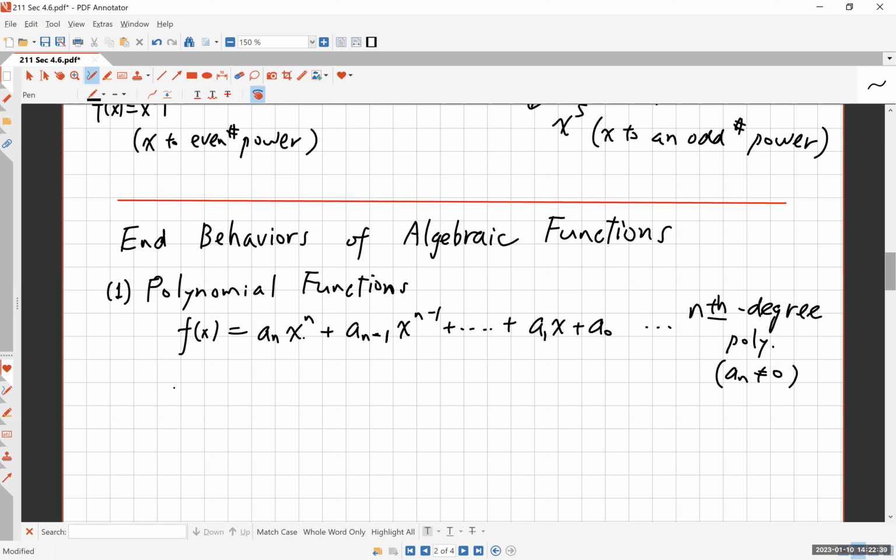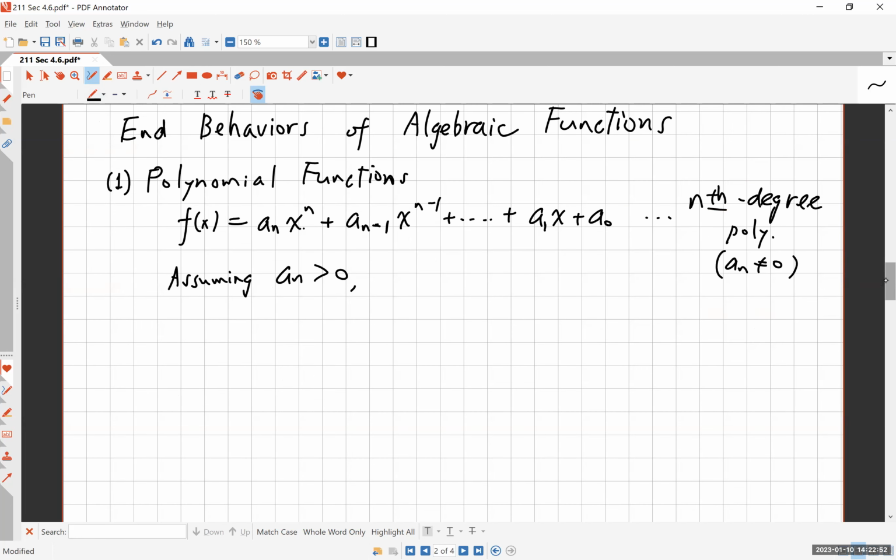Now, assuming also that a sub n is positive. Of course, a sub n may not be positive, it could be negative, but for the purposes of this graphing, I will first assume that a sub n is positive.